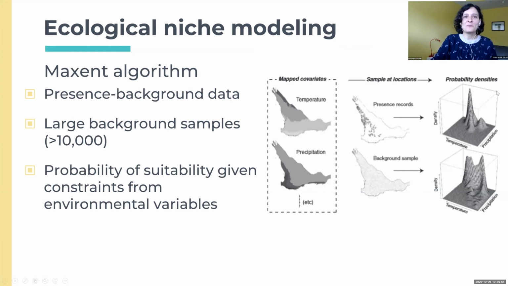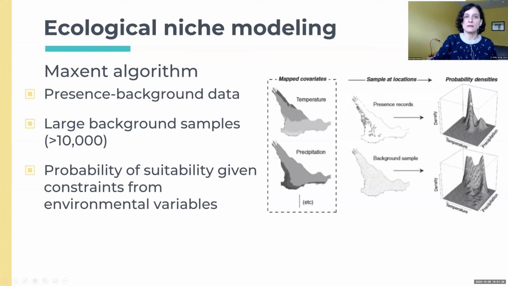And then for each of these covariates, the algorithm can figure out the probability density, the likelihood that a certain combination, in this case temperature and precipitation, is associated with presence.